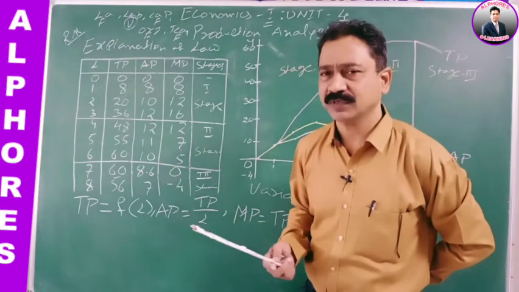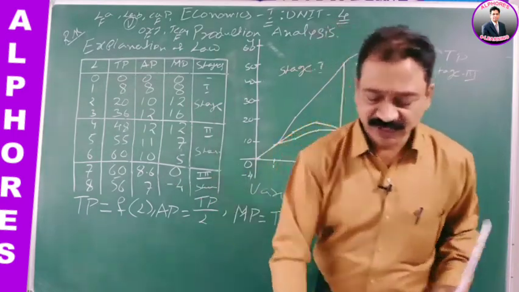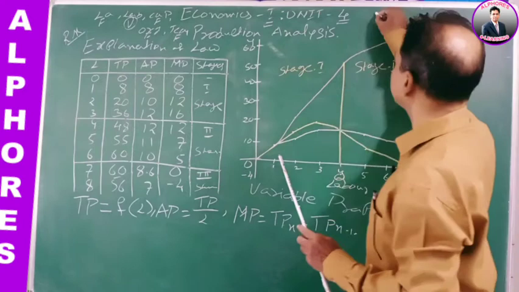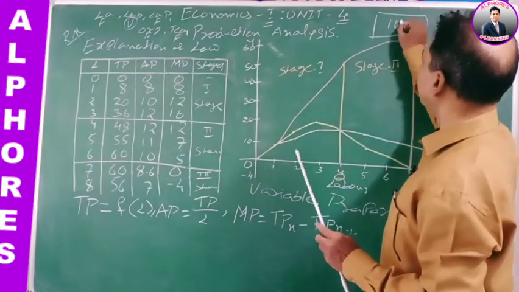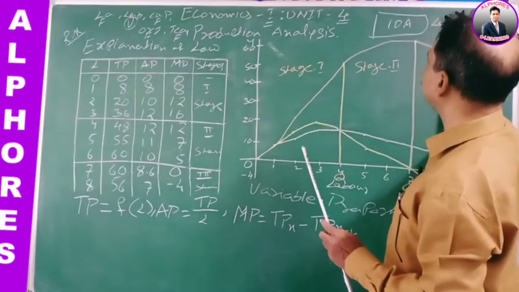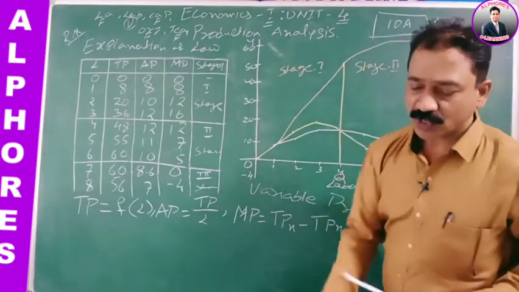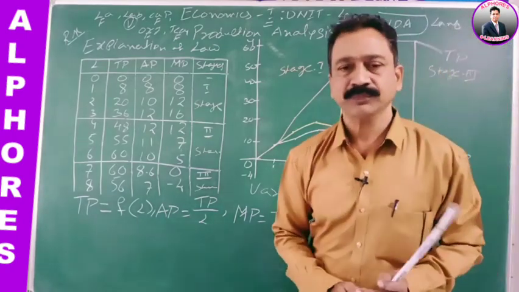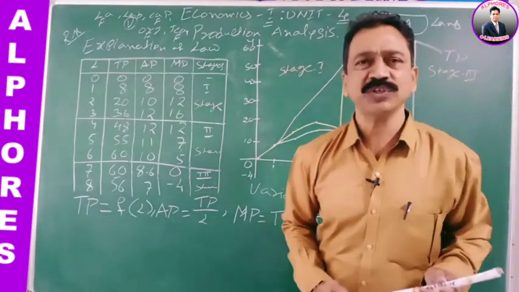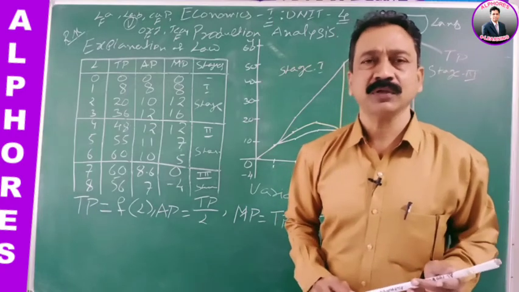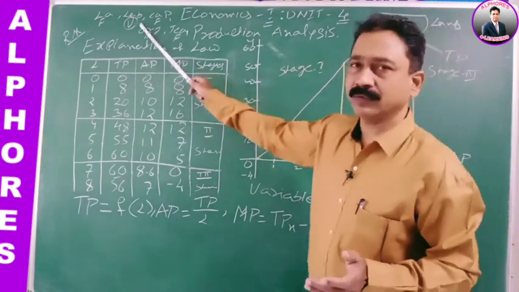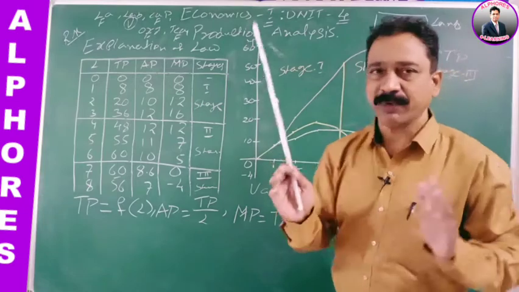What happens? Take a land piece, let us say 10 acres. On that, using the same capital, same technology, same organization, you are only changing the labor. So this land has a capability.